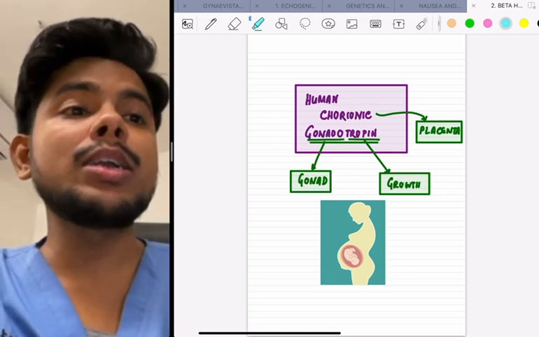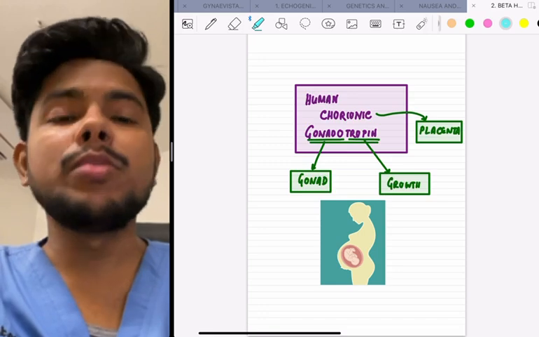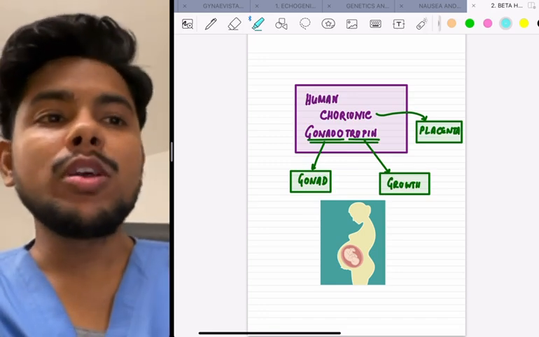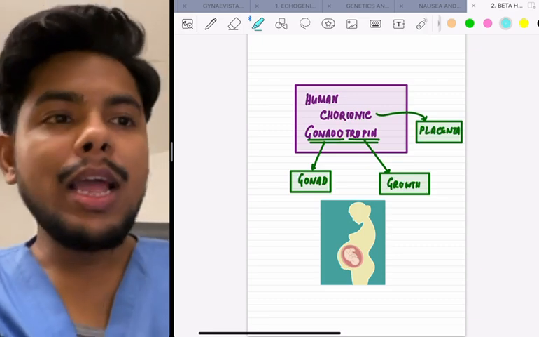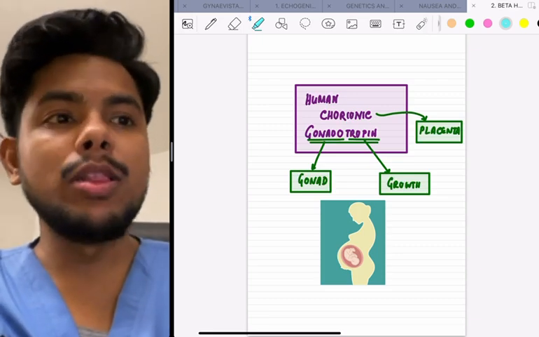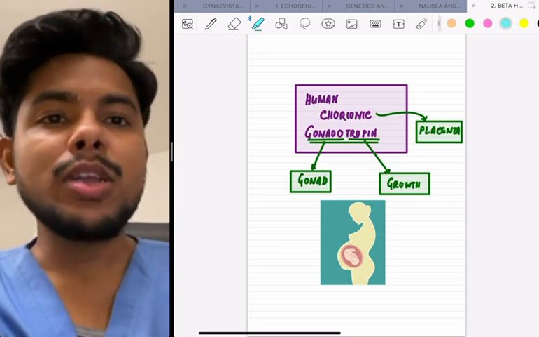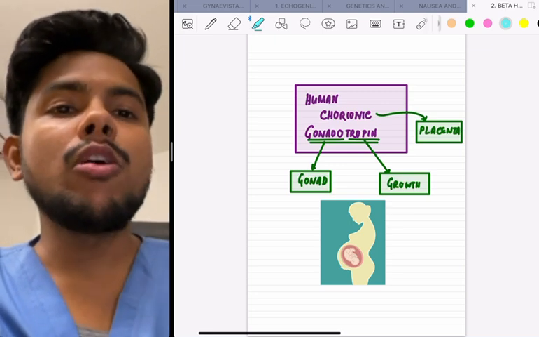Chorionic means something related to placenta, and then we have got gonadotropin. Okay, gonadotropin comprises of gonad plus tropin. Gonad, we all know, it is testis in case of male, and it is ovary in case of female. And tropins means growth. Okay, so it's a hormone released from placenta, and it promotes the growth of gonad.